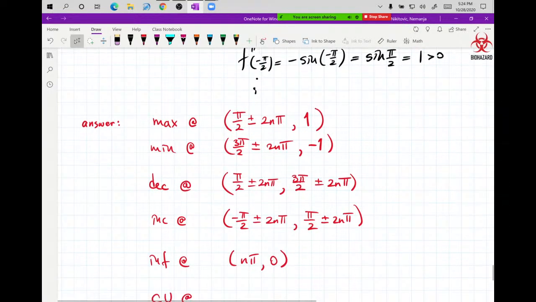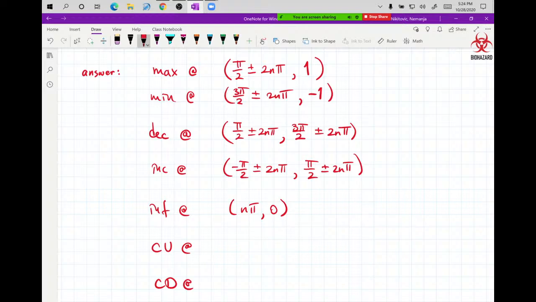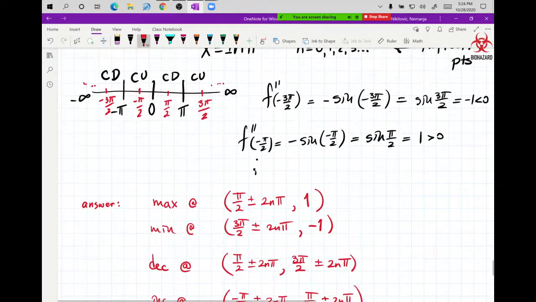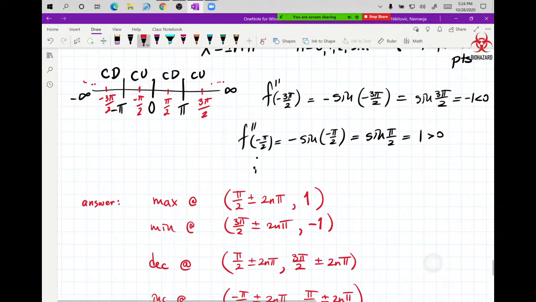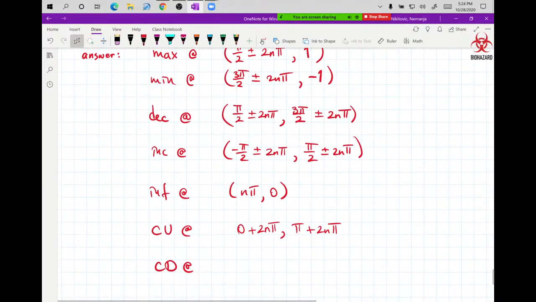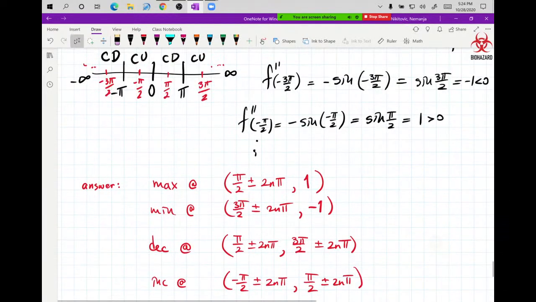So we're going to say 0 plus 2n pi, comma, pi plus 2n pi. That's concave up, right? No, that was concave down. That was concave down, right?